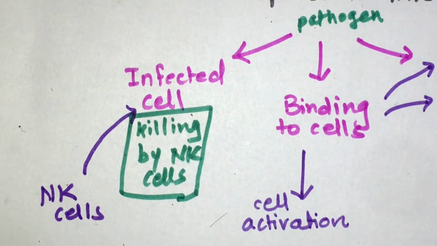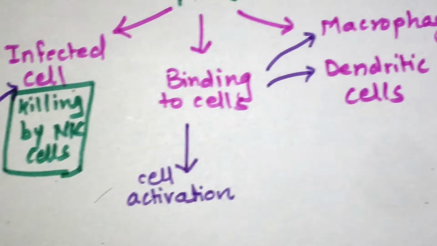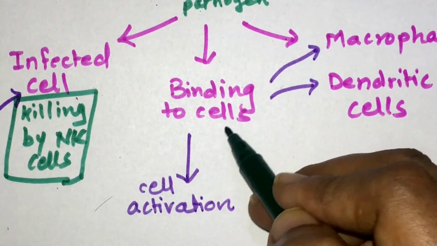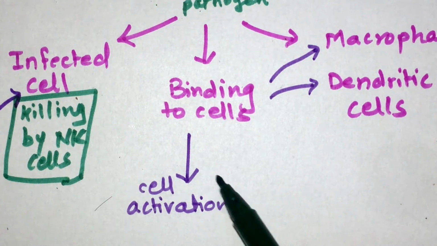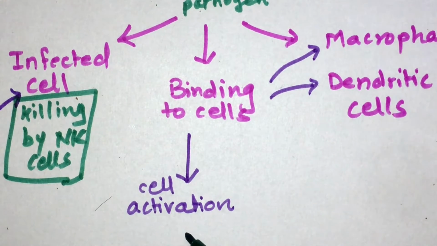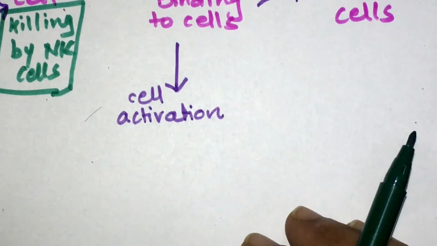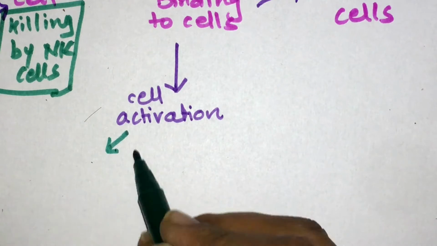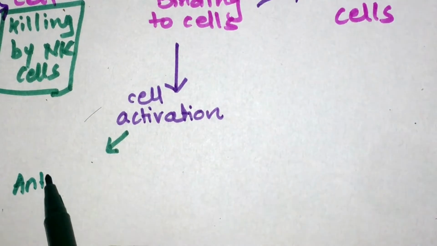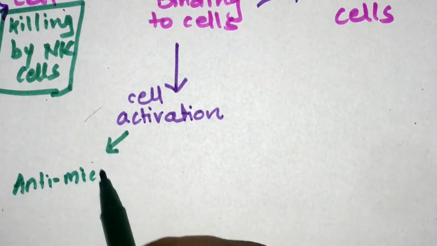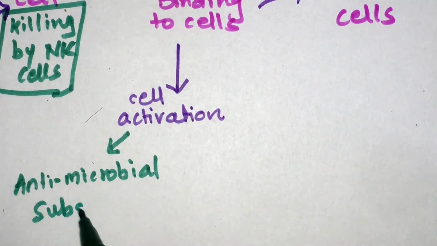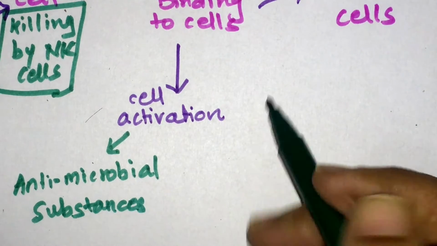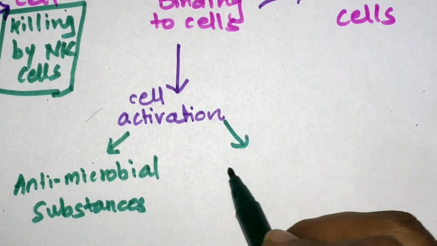The second kind of response can be if this pathogen binds to cells, then it is going to activate the cell. Once there is cell activation, after this there can be antimicrobial substances that are produced, or cytokines can be produced.